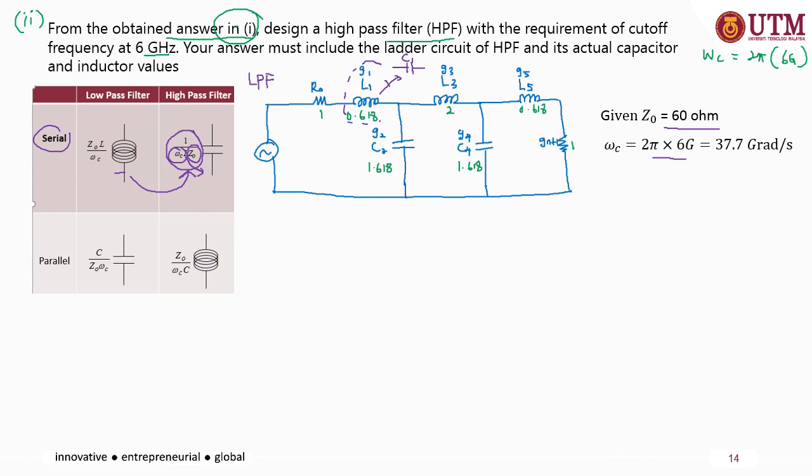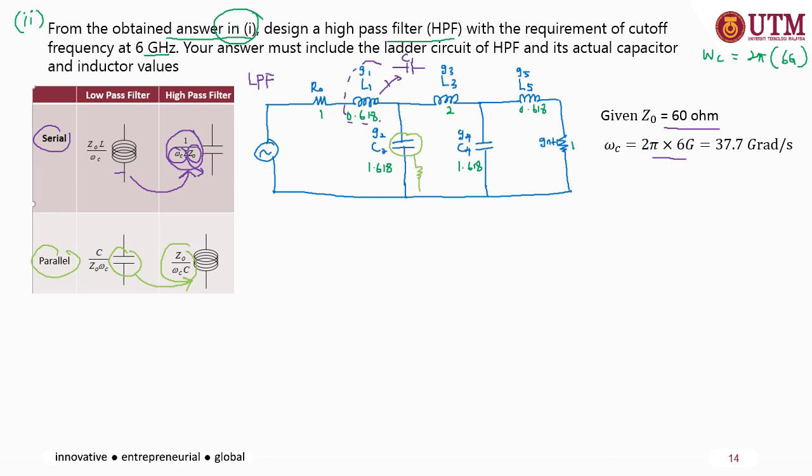Right, next, for the second component, you have the capacitor in parallel. To get a high pass filter, the capacitor will be transformed into an inductor. And what's the value for the inductor?